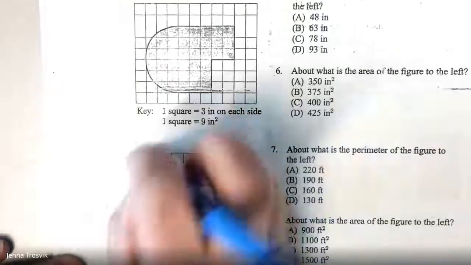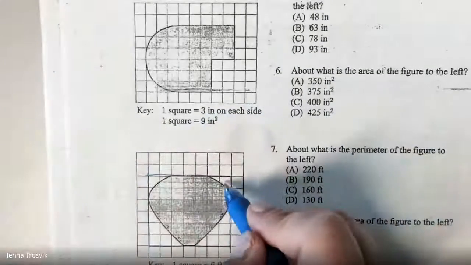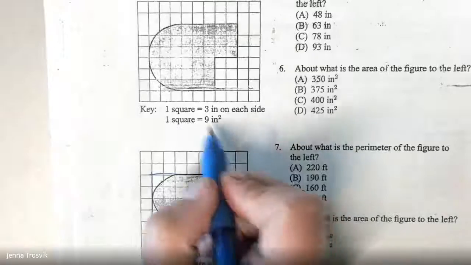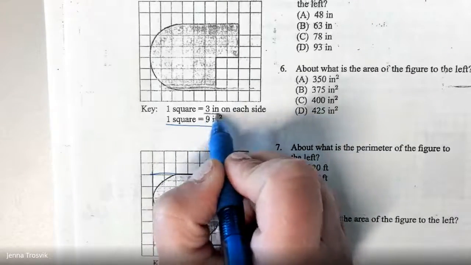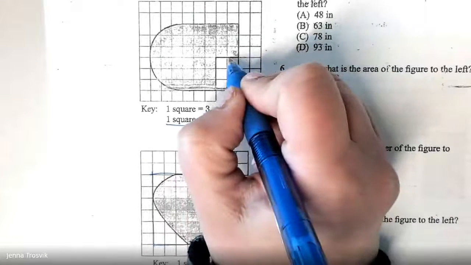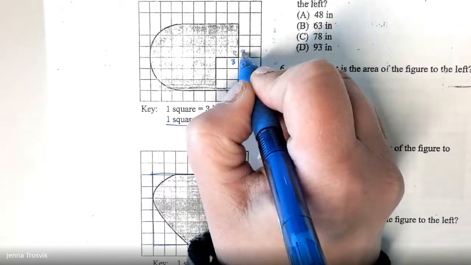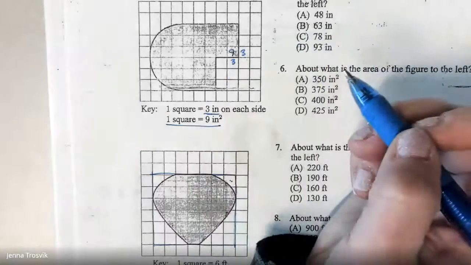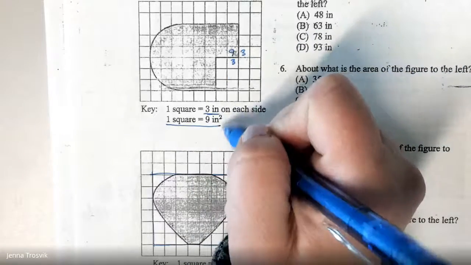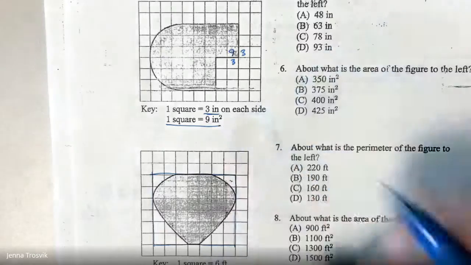So you would just draw a box around and deduct what's left. Just make sure you pay attention to 1 square unit equaling 9, but each side equals 3. So the distance on each side is 3, but the inside would be 9 square units. Just keep that in mind when you're solving for your perimeter versus your area.